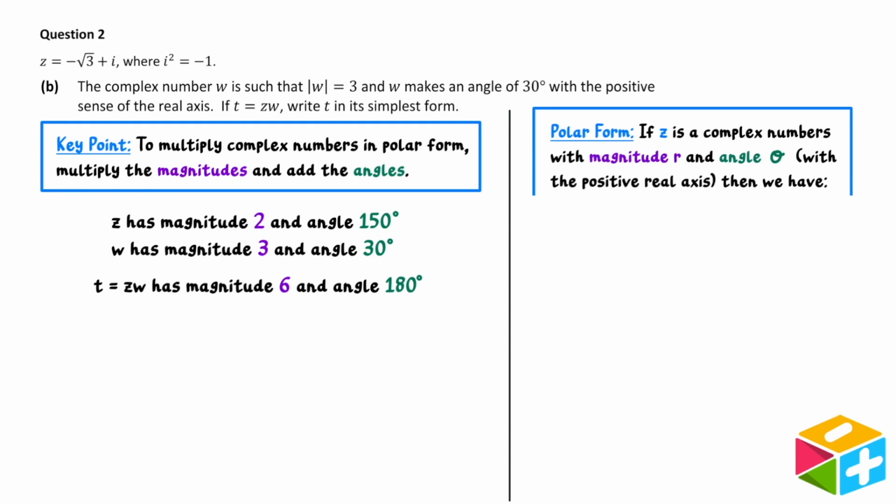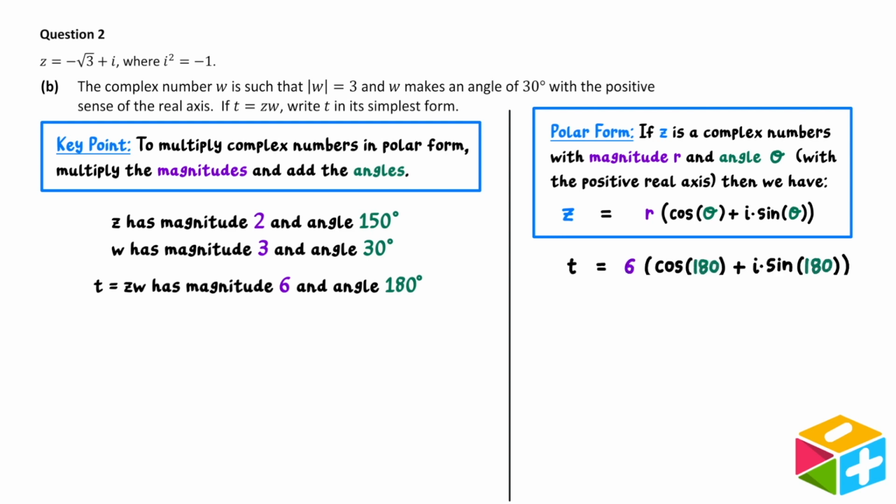Remember, if we know the magnitude and angle of a complex number, then we can write it in polar form. t has a magnitude of 6 and an angle of 180, so this means we can write t as 6 times the cosine of 180 plus i times the sine of 180.